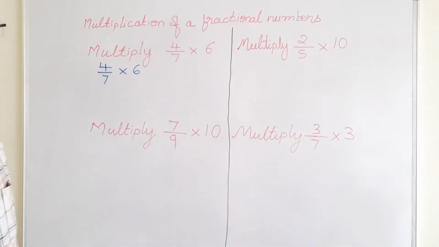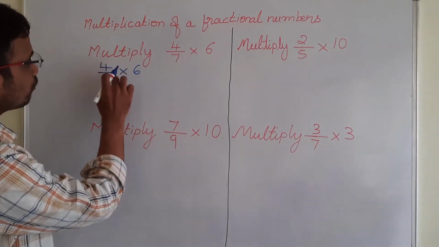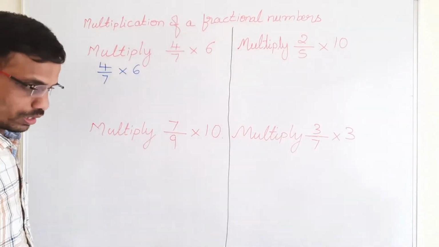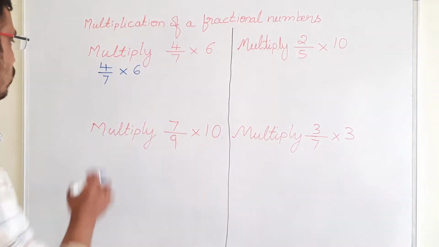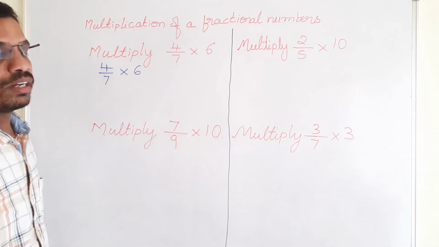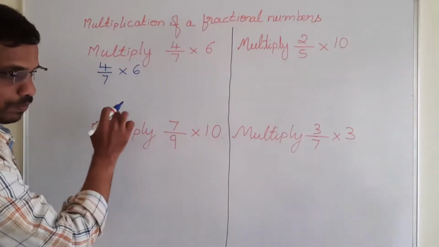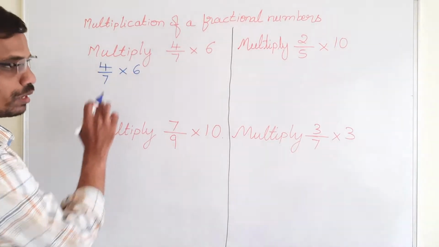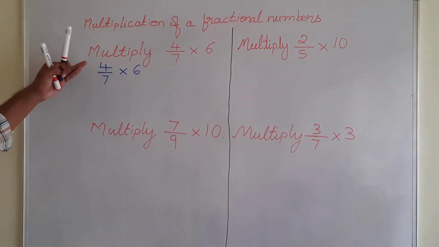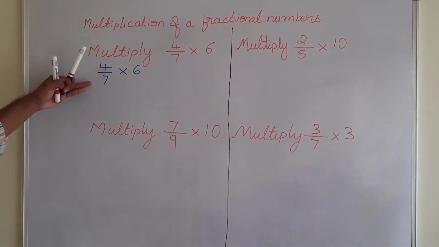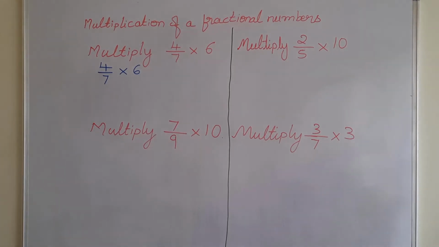To do that, we need to find the common factor of 4 and 7, which means we need to think by which number 4 and 7 are divisible. If the numerator and denominator are divisible by any number, then we will divide both by that number, and bring this fraction to the simplest form.